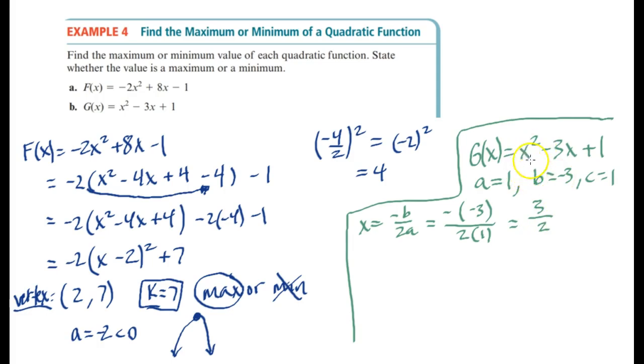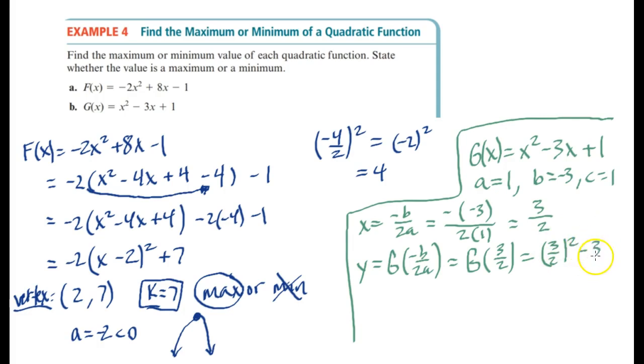Then we want to determine our y-coordinate of our vertex, and that's f of, or in this case g of, negative b over 2a. Since negative b over 2a is 3/2, we just plug that in. So we would have 3/2 squared minus 3 times 3/2 plus 1.